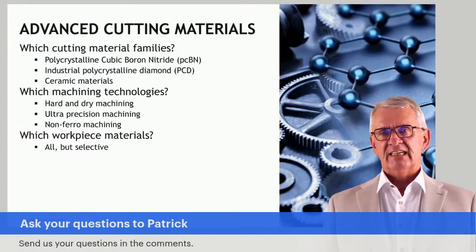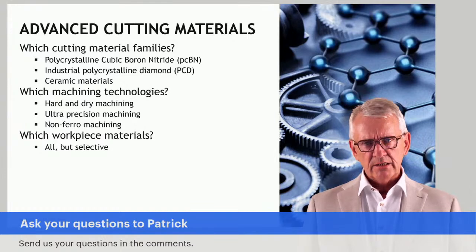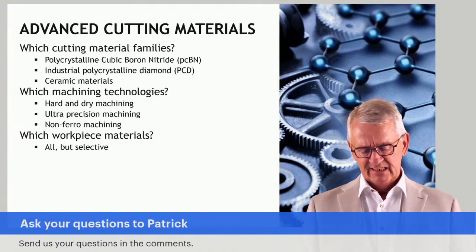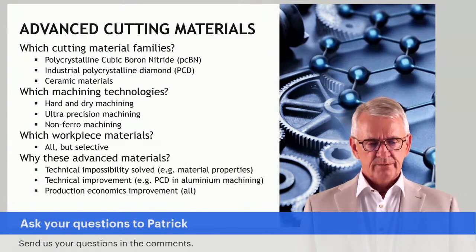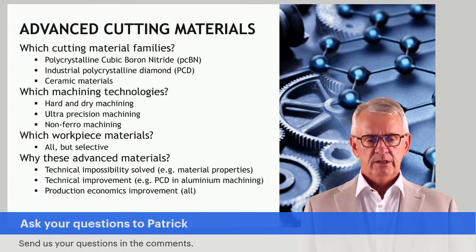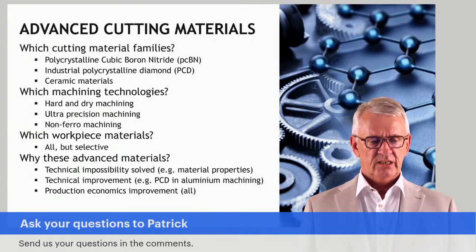Which materials? As I said, these are not just single materials anymore, these are families of cutting materials, and different grades exist. These can be used on all workpiece materials in a selective manner, like with carbide. Why do we use these advanced cutting materials? To solve a technical impossibility, a material we could not machine with cemented carbide, as an example.